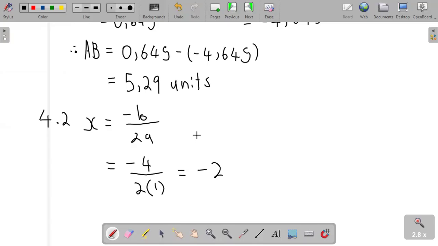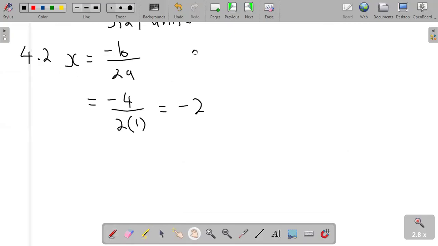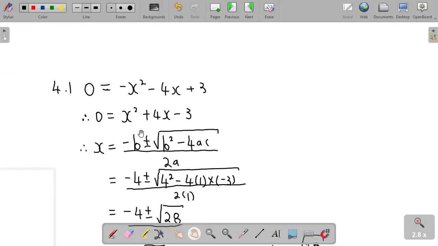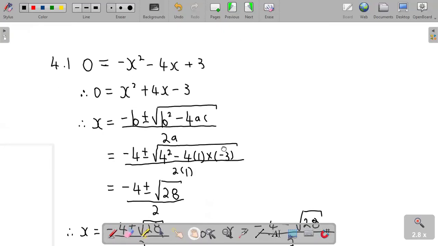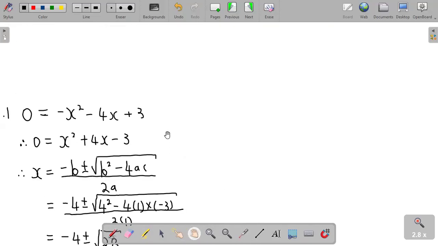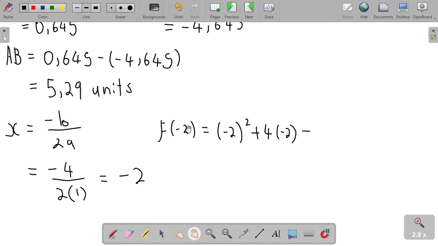Okay. And then once we have negative 2, then we can substitute it to find f of negative 2, equal to negative 2 squared plus 4 into negative 2, and then minus 3.